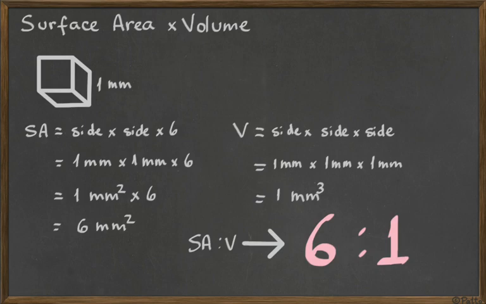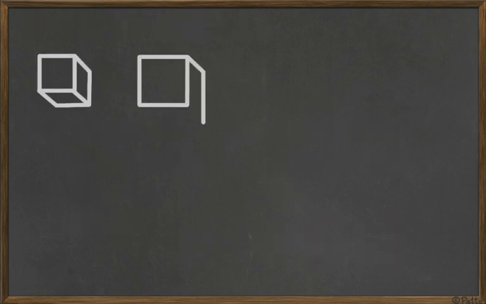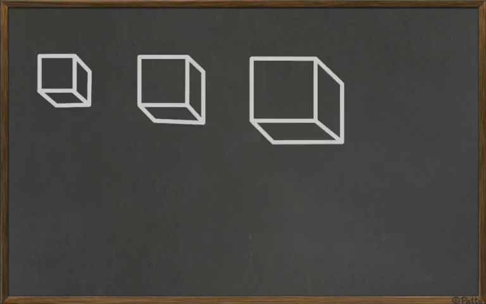Having said that, and you having reminded yourself of how to calculate area and volume of cubes, now let's try to see how this surface area and volume ratio plays with different sized bodies. So, first question for you. Do you think this relationship of 6 to 1 is going to change when we increase the size of a body?